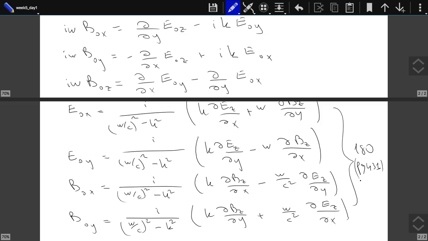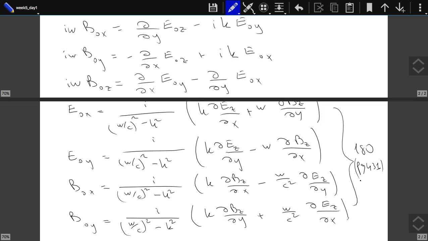And we have 2 more equations that are left. Well, look at the last equation over there, the third one. It is the derivative of E0y minus the derivative of E0x. Well, let's just see one thing.